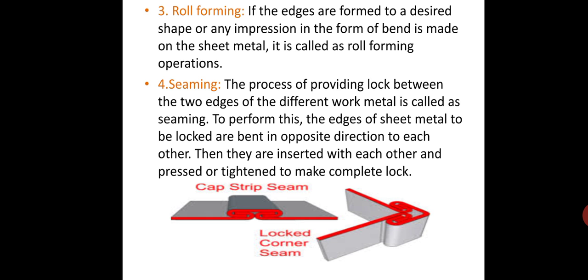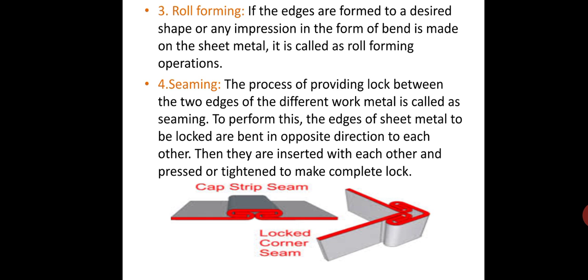And the fourth one is the seaming. The process of providing the lock between the two edges of different work materials is called seaming. The diagram shows how the two sheet metals have to be interlocked by the seaming operation.